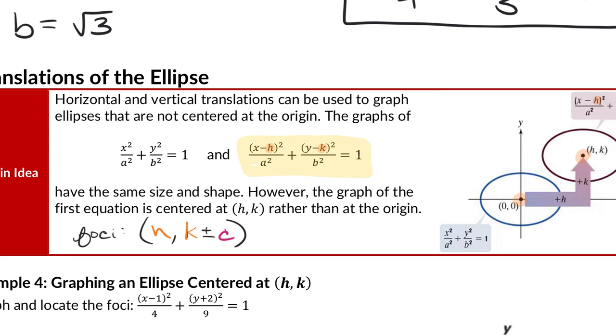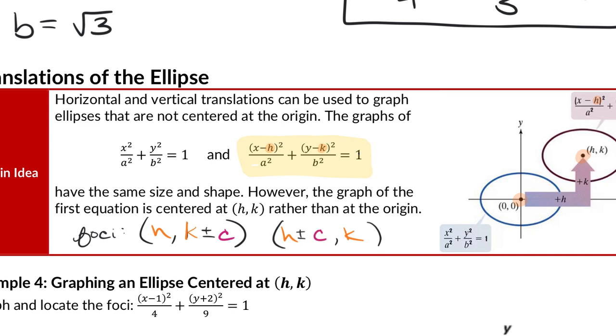This is for when you have a vertical ellipse. When you have a horizontal ellipse, oh, no, that's wrong. This is going to be h plus or minus c, k.